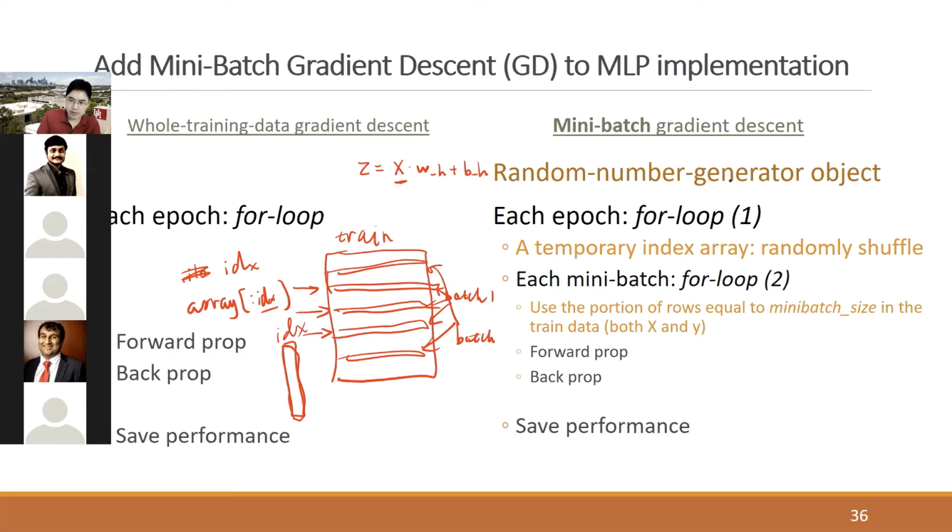Once you have this indexer, within each of the main for loop, you will shuffle this index. Once it's shuffled, you guarantee a different mini batch process. After it's shuffled, in the first mini batch, you take the first X number of rows, and the second batch you go down the list until you have used all of them, and that finishes the inner loop for this mini batch iteration.